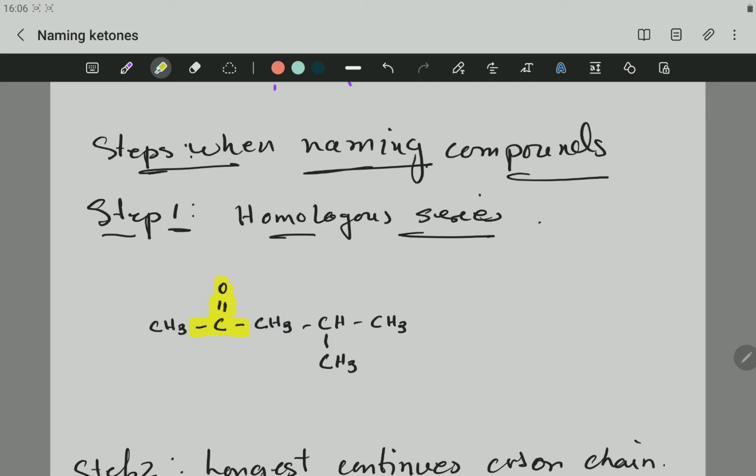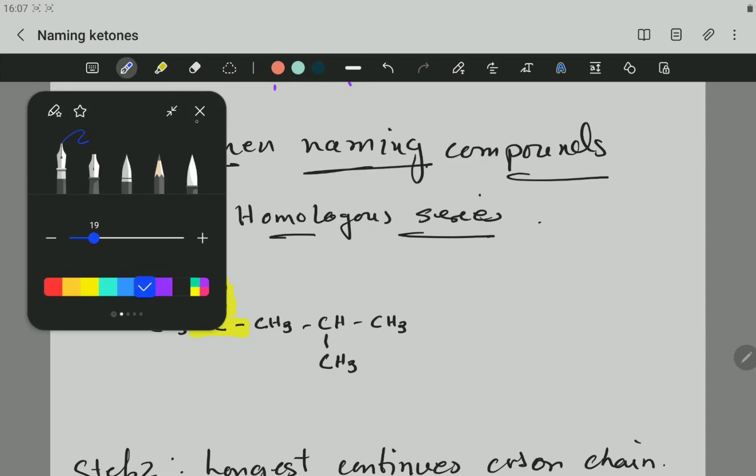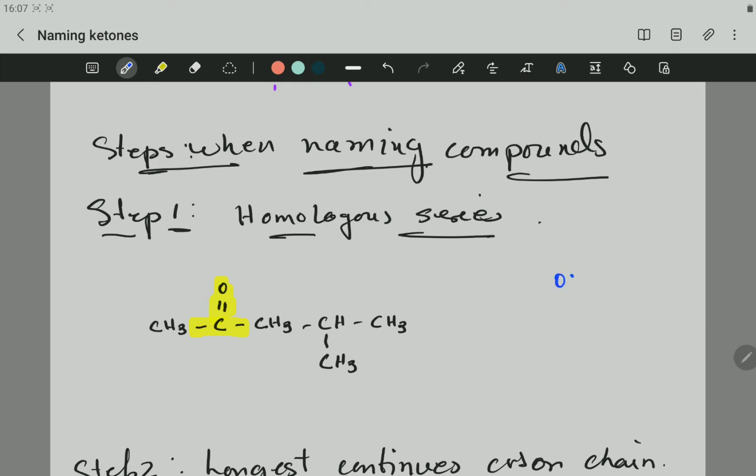So this is a ketone and not an aldehyde, and the name will finish in -one. Remember, because the carbon must be bonded to two carbons, the smallest ketone you can get is propanone, which is 3 carbons. You cannot get a ketone with 2 carbons, otherwise it will be an aldehyde. So this is the first information we have: it is a ketone.